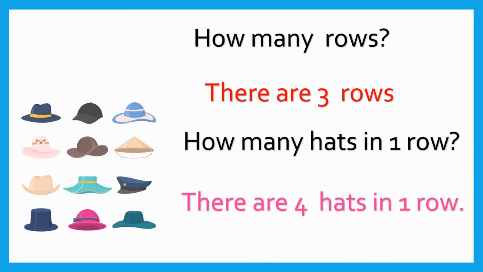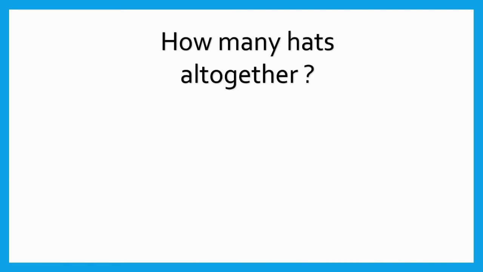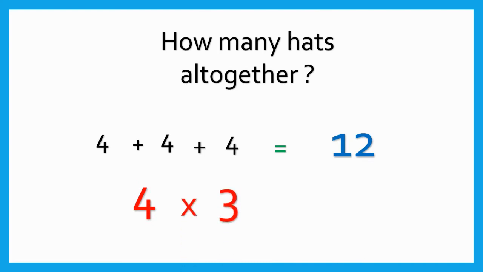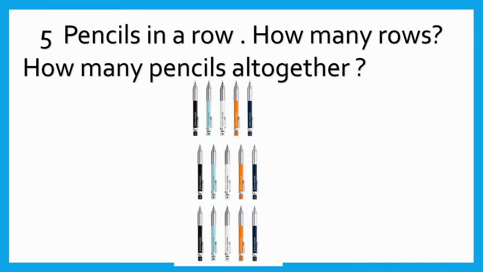There are 4 heads in one row. How many heads all together? So we add 4, add more 4, add more 4 equal to 12. So we can say 4 heads into 3 rows equal to 12. 12 heads all together.